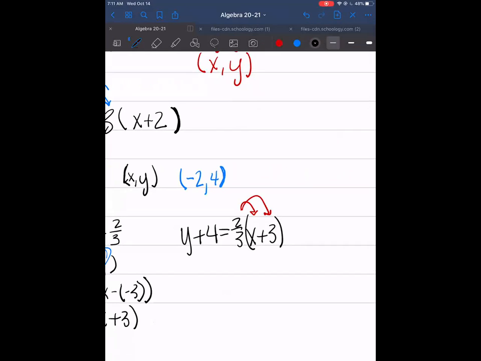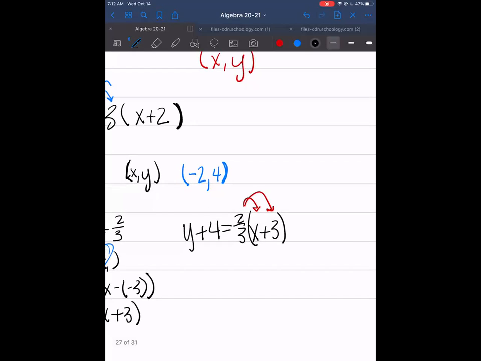So y plus 4 equals 2/3 x, and then plus 2. I got that because 2 times 3 is 6, divided by 3 is 2. Or if I looked at my 3, the 3s could cancel out.